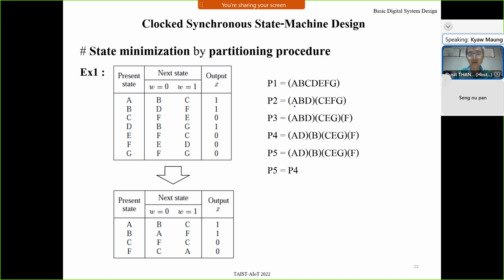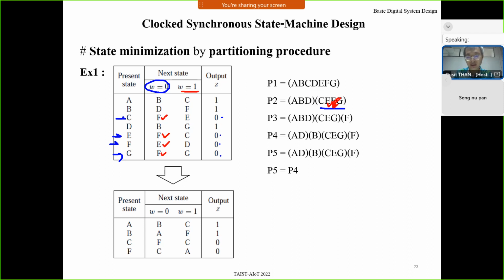Now, if I consider this group C, E, F, G, which have logic 0 output, let's consider the next state. When input is 0, the next state of C is F. F is in this group, right? The next state of F is E. E is in this group. The next state of G is also in this group. It's okay till now.